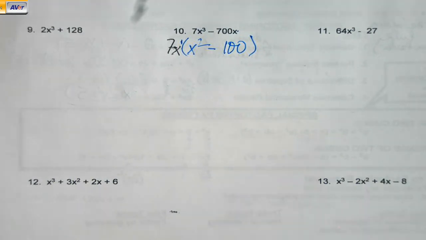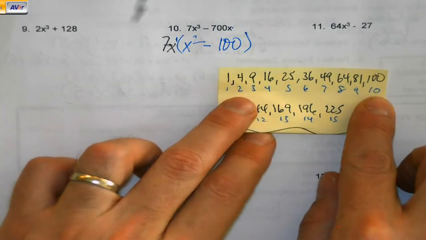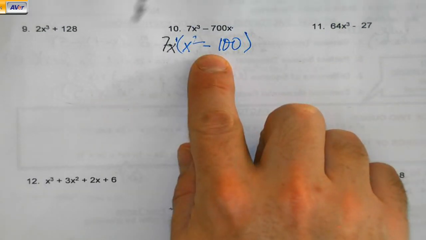Always look in the parentheses, especially if it's a squared or a cubed that's in there, and say, ooh, can I factor this? Wait a minute, 100. I've seen that somewhere before today. Oh yeah, that's a perfect square. Oh, this is a difference of squares.